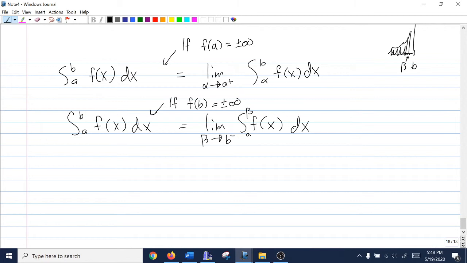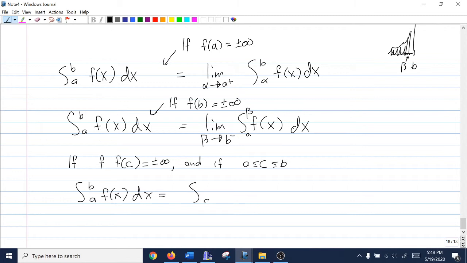There are other versions. If f of c is the part that goes crazy, and if c is between a and b, so you are trying to integrate your function over a place where it goes crazy in the middle, then it's defined to be, well, I'll integrate the left-hand side, and I'll integrate the right-hand side.